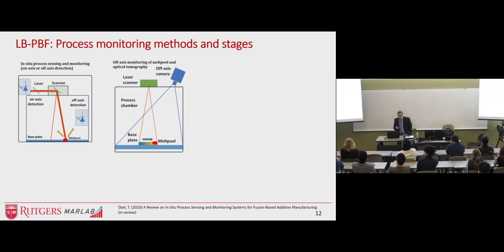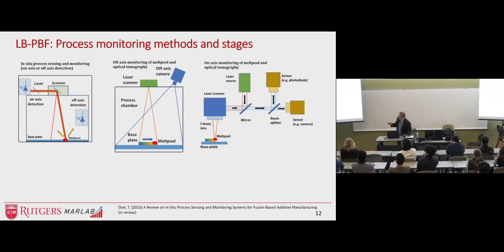Off-axis monitoring of the melt pool can be done by using optical tomography. In this case, you see that there's an off-axis camera, and that camera is not just a regular camera; it's a special camera like an IR camera, thermal vision camera, or a high frame rate camera that can collect thousands of frames per second so that you can dynamically see how the melt pool is moving. Or you can do on-axis monitoring of the melt pool by using optical tomography.